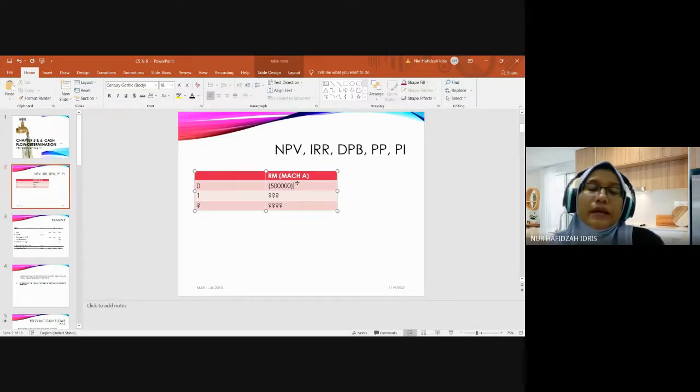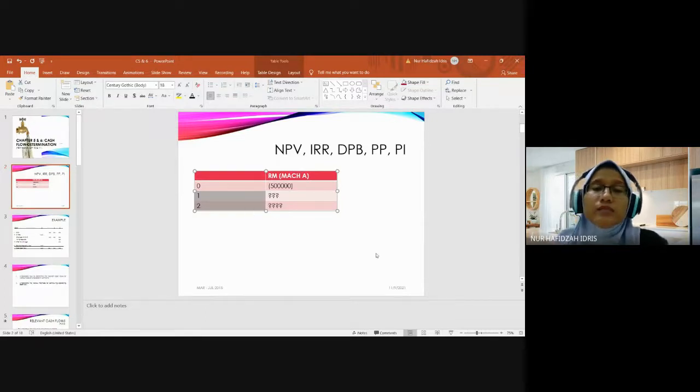Another example, apa lagi? Contohnya, this machine's lifespan is 2 years. After 2 years, we predict that we can sell the machine. At the end of the machine's life, we predict that we can sell the machine at 50,000 ringgit pada tahun kedua.